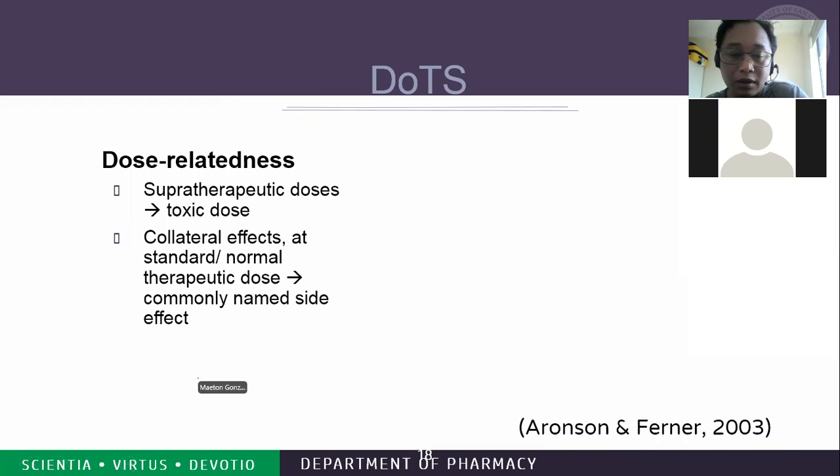The drug may be given in a higher than normal dose, or the dose given is normal, but the patients, for example, have low creatinine clearance, so the normal dose becomes a toxic dose because they cannot eliminate the metabolites from the drug.